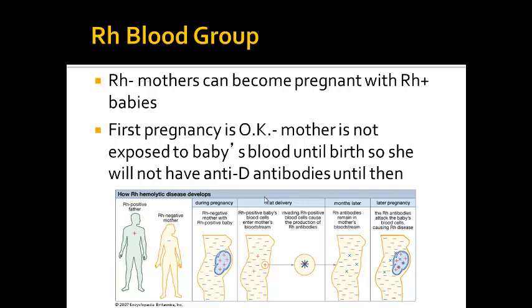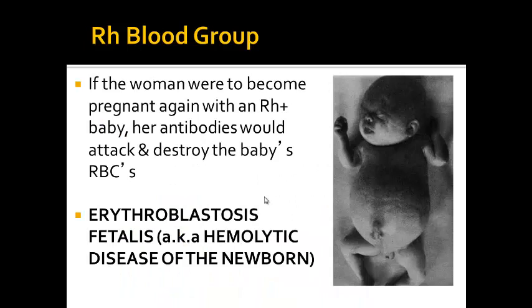The first time they have a baby that is positive blood type, the mother will start to create the antibodies upon delivery because the bloods will mix, and now mom has a defense mechanism. If she were to ever have another positive blood type baby, her blood would attack the baby's blood, and the baby would probably not survive.